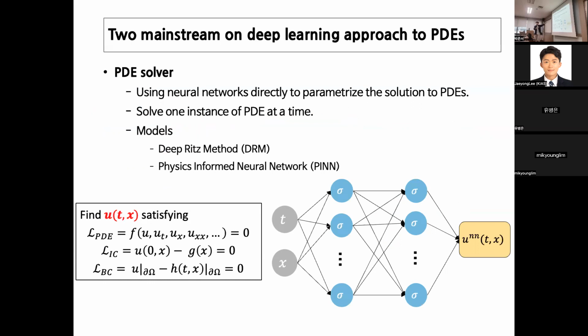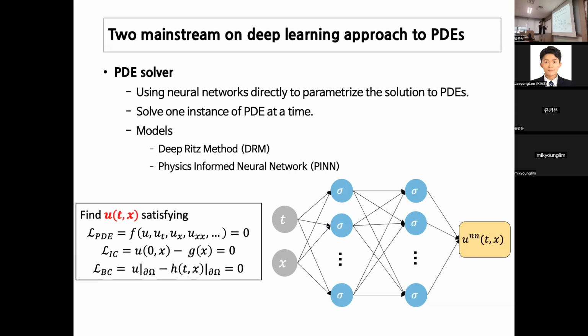This is the first approach using deep learning for PDEs. I call this approach the PDE solver. For example, if we have a PDE like this one, and also an initial condition and boundary condition, then in this approach we want to find u(t,x), which depends on t and x.